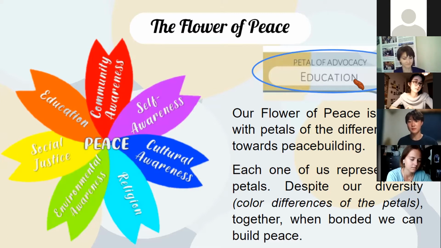First is community awareness, self-awareness, cultural awareness, religion, environmental awareness, social justice, and education. Each one of us represents and voices these petals, and despite our diversity, we embraced it, and together as one, we created peace, and particularly the flower of peace. Thank you, and that's all for Group 1.